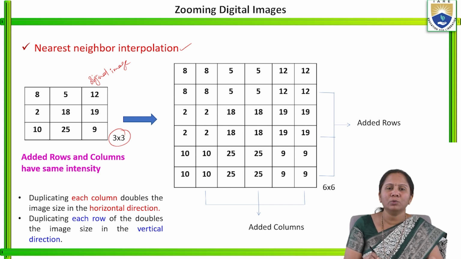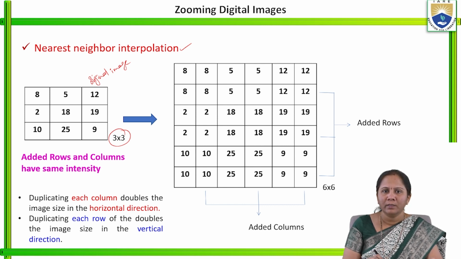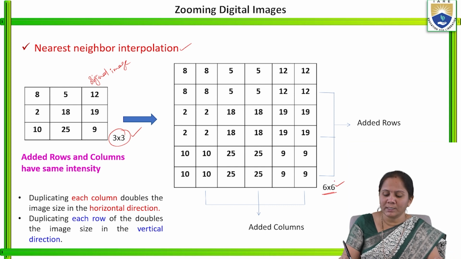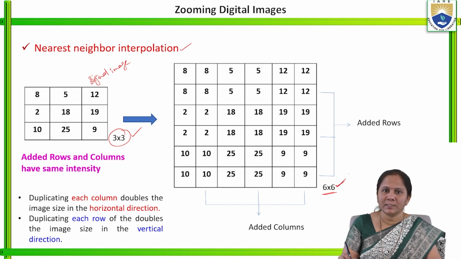If we want to zoom this original image to some other size, for example, if we want to zoom this 3 by 3 image into a 6 by 6 image, we have to duplicate the rows and columns in the original image so that we get a zoomed image of size 6 by 6.